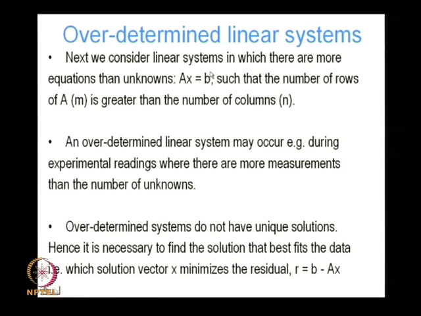So, suppose B represents our experimental readings, and A represents the parameters we have varied, right. We have varied the parameters, we have found our experimental results, and now we are interested in finding the values of the independent variables which best fit our experimental results B, right. So, basically we are interested in minimizing the residual.